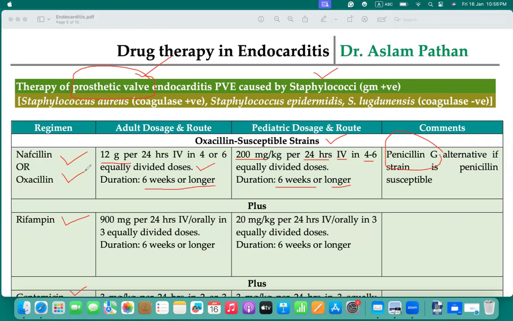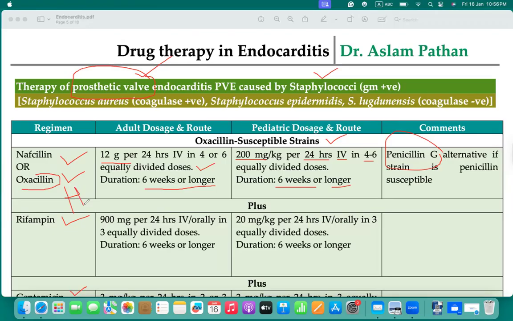Both drugs, nafcillin and oxacillin, are effective in the same way. They inhibit the bacterial cell wall synthesis. The choice between nafcillin and oxacillin depends on the availability in the hospital, side effects, and patient tolerance, because oxacillin is responsible for hepatic toxicity.